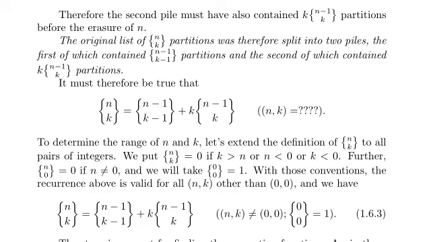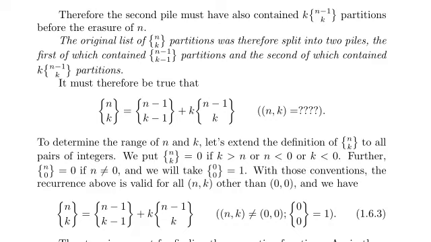To determine the range of n and k, let's extend the definition of {n, k} to all pairs of integers. We put {n, k} equals 0 if k is greater than n, or n less than 0, or k less than 0.